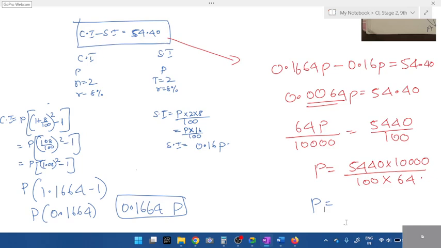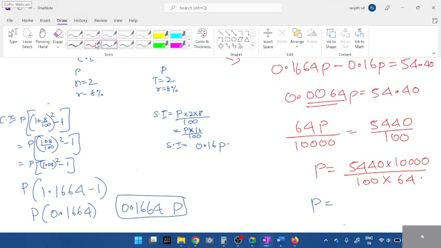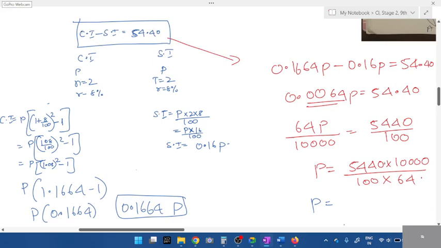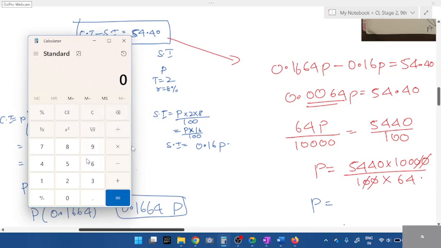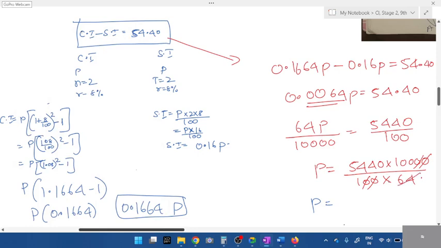Okay, what is the principal? If we reduce it, we get 85. 85 into 100 is 8,500.